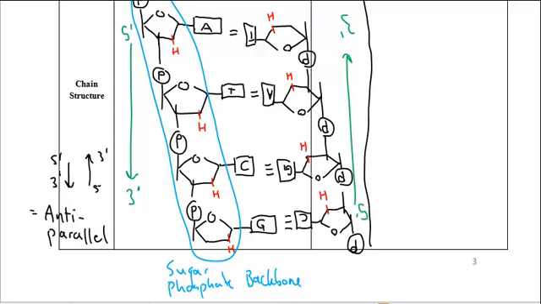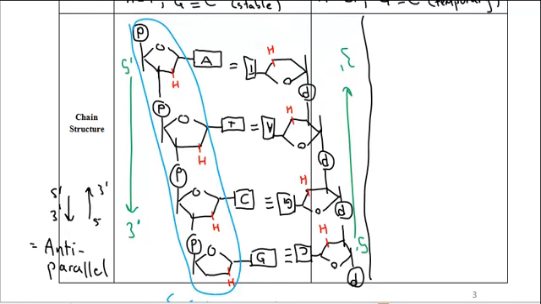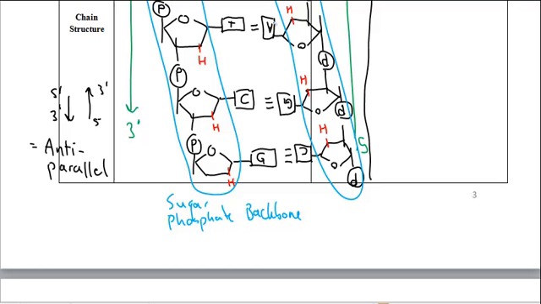Or, because there's actually 2 of them in DNA, and it kind of looks like a ladder, we call it sugar phosphate rails.